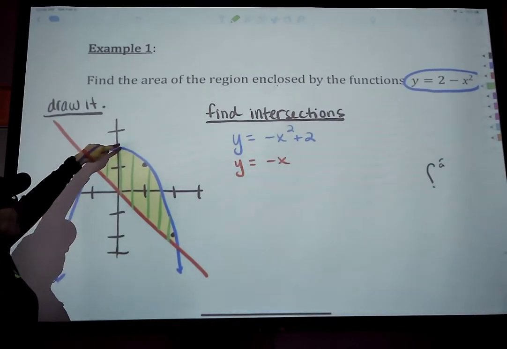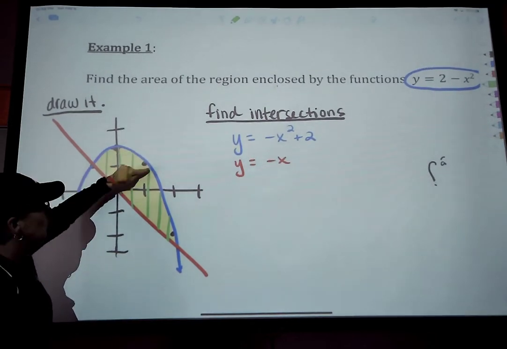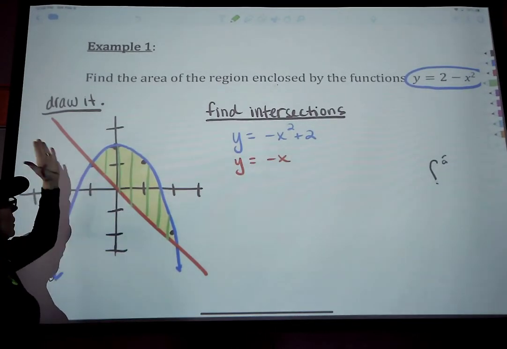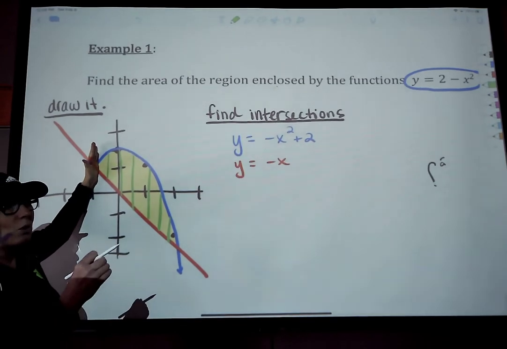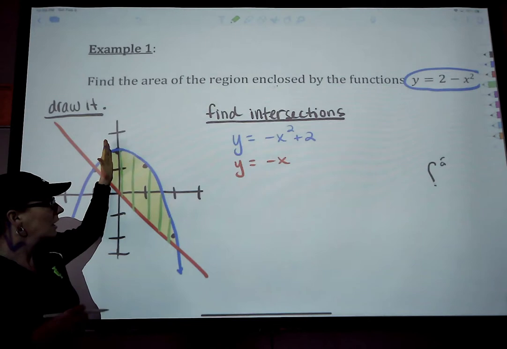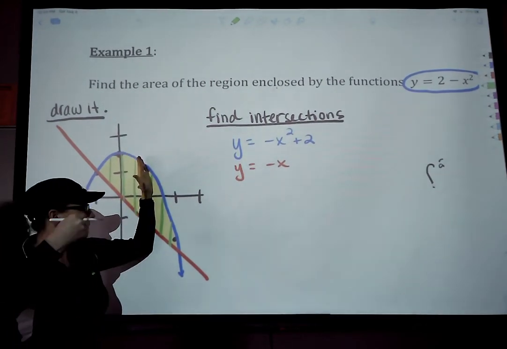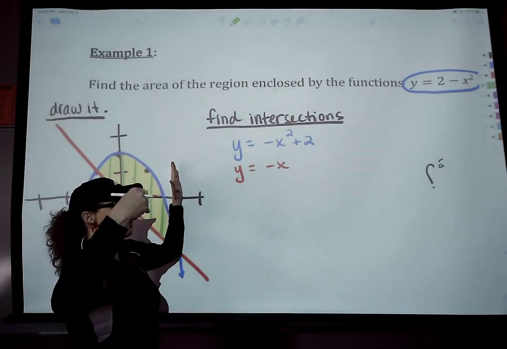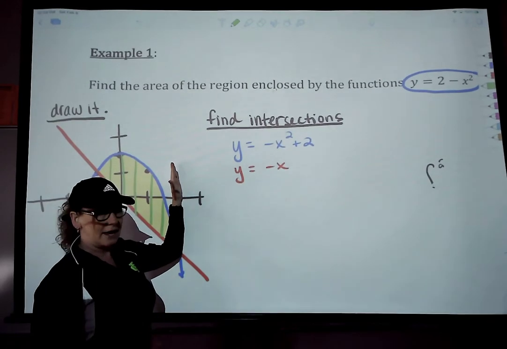Blue y value minus red y value, and so on and so on. We have to figure out the x where my accumulation starts. Add them all. We need to figure out the x where my accumulation ends.